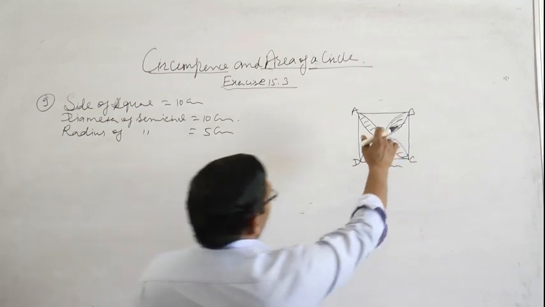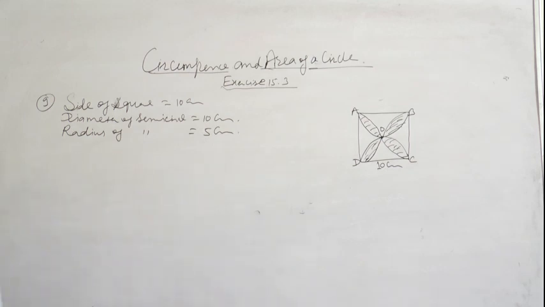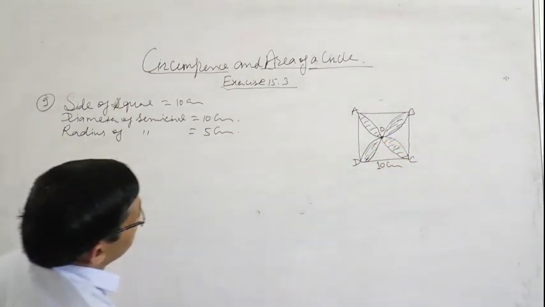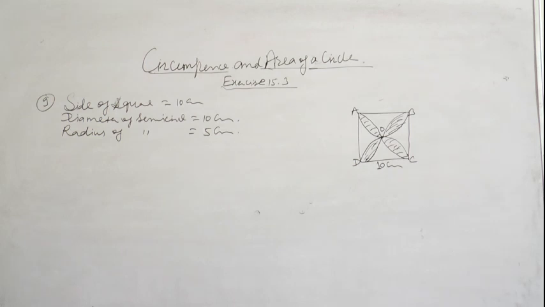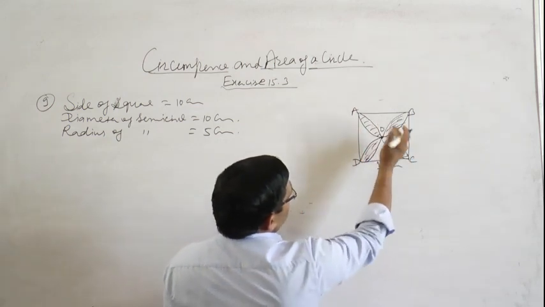Let unshaded parts are. Suppose this design has a total of 4 shaded parts and 4 unshaded parts.